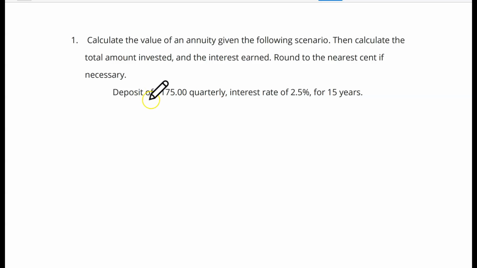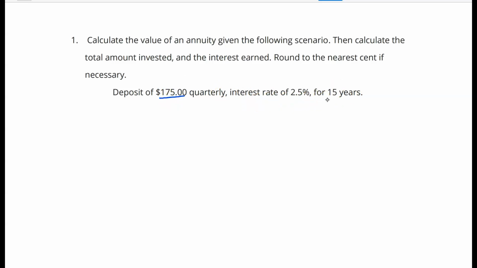So in this case, we are given a deposit of $175 made quarterly and the interest rate of 2.5% for 15 years. So to calculate the value of the annuity after 15 years, let us first identify the given information here.